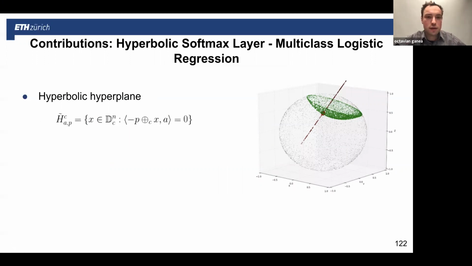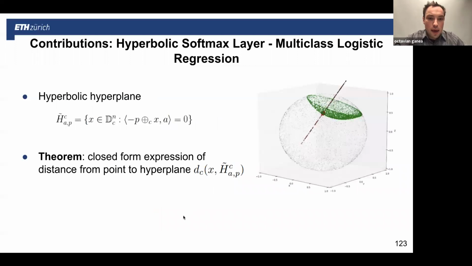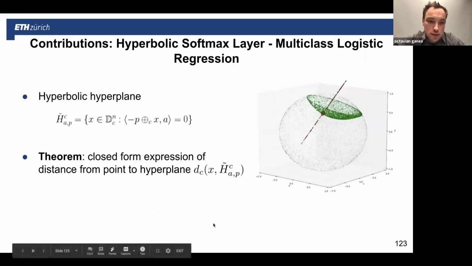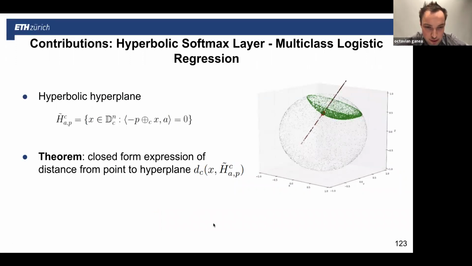You can read the details in our paper of why this makes sense and why this is a good generalization. And we also obtained a closed form expression of the hyperbolic distance from X to the hyperplane. So this is the smallest distance from X to any point lying on the hyperplane.